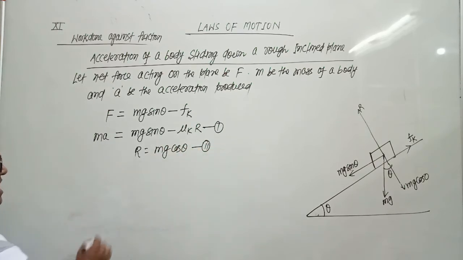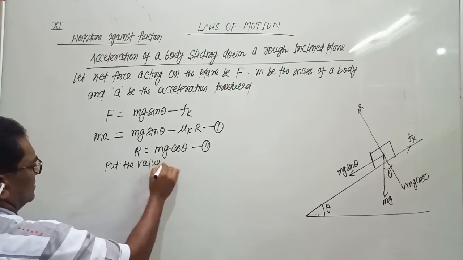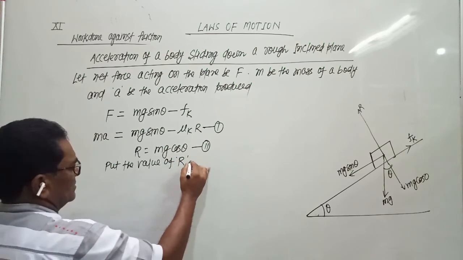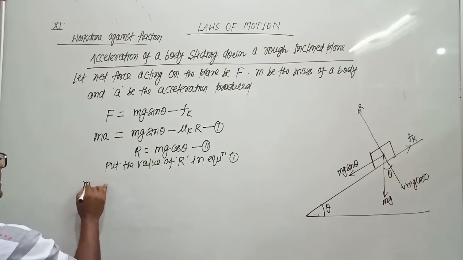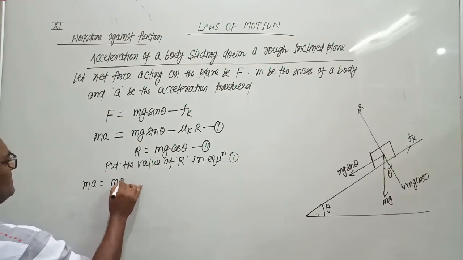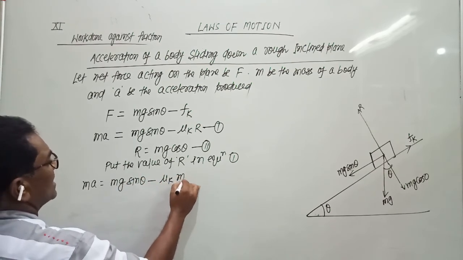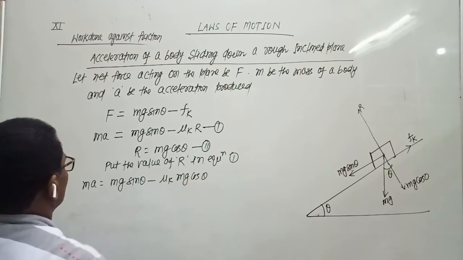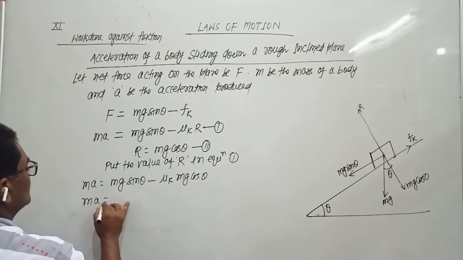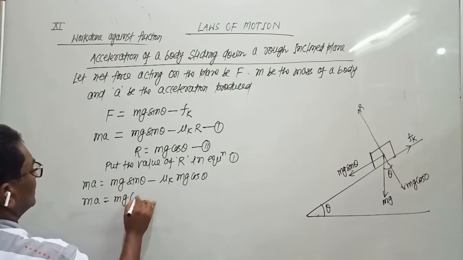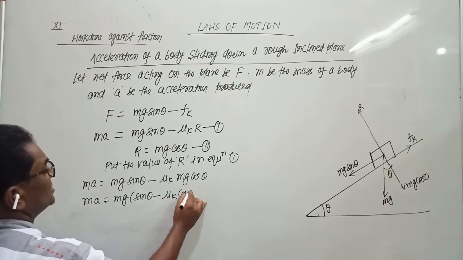So put the value of R in the first equation. So we get M into A equals mg sin theta minus mu k, and the value of R is mg cos theta. So MA equals, from these two terms, mg is common. So it becomes sin theta minus mu k cos theta.